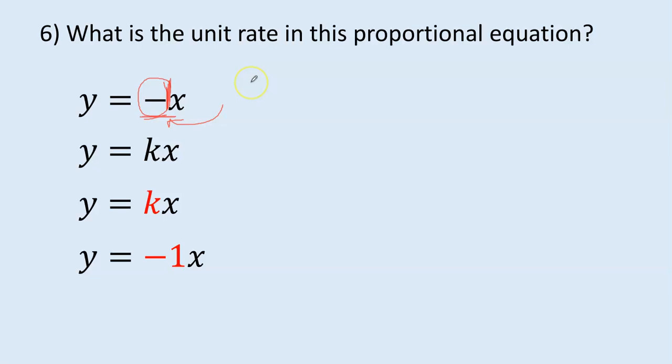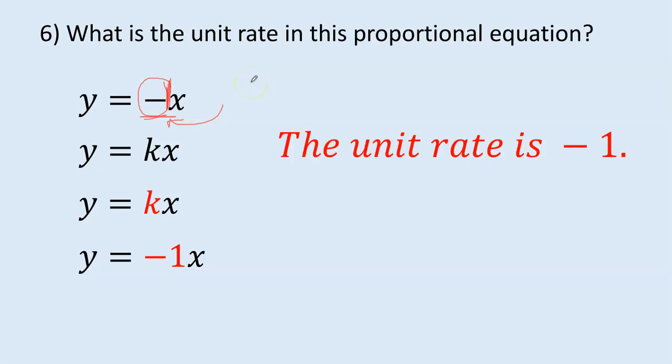So this is really -1x. So the unit rate is -1. So that's just something that we need to remember, that y equals -1x is the same thing as y equals -x. And also y equals 1x is the same thing as y equals x.